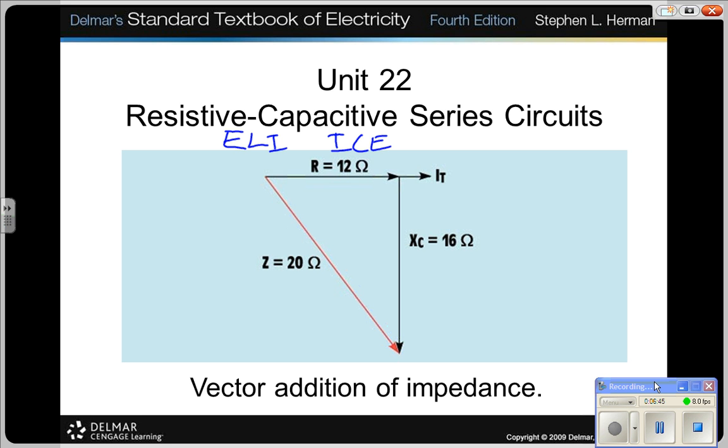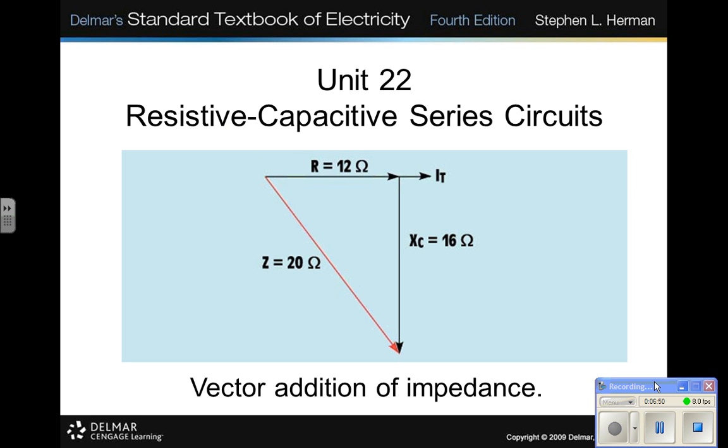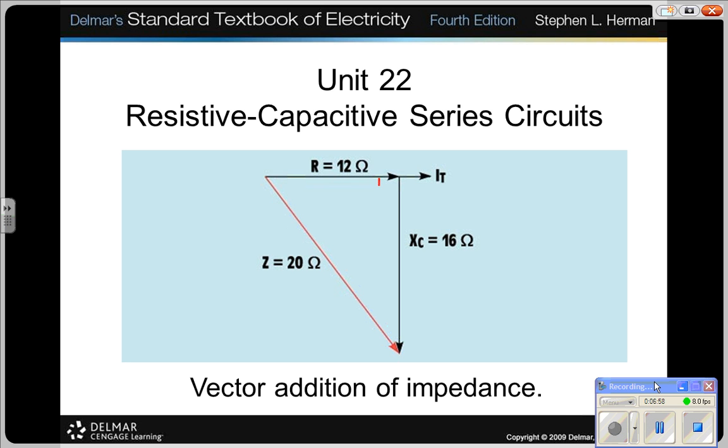Okay, let's move down to our triangle. Let me see if I can get rid of the ink now. There we go. Now the slideshow will act normally. But I'm going to write on it some more because I want you to notice that the right triangle is off here to the right. Now, generally speaking, I don't draw this like this. I would draw this thing out here, right?